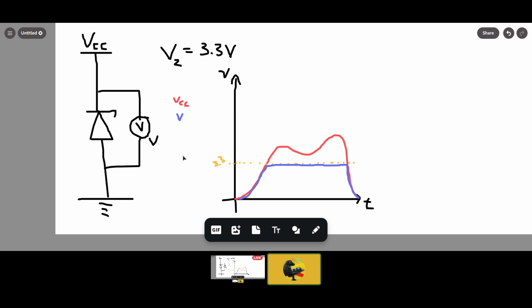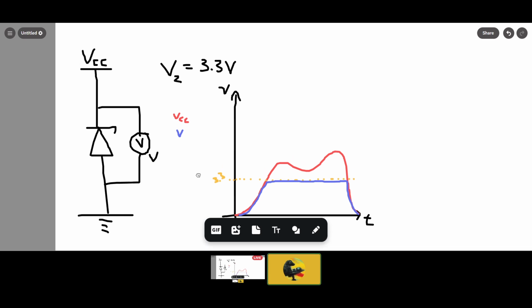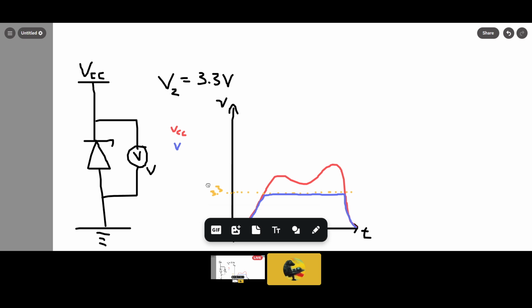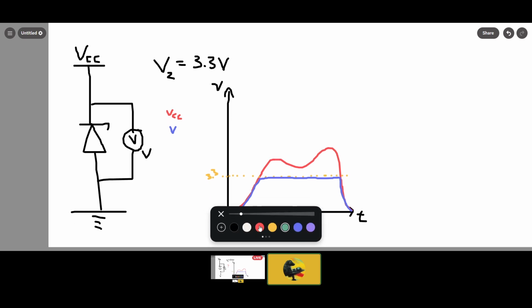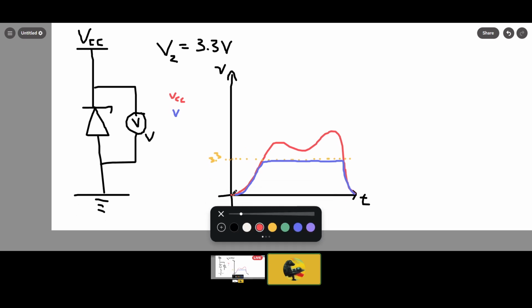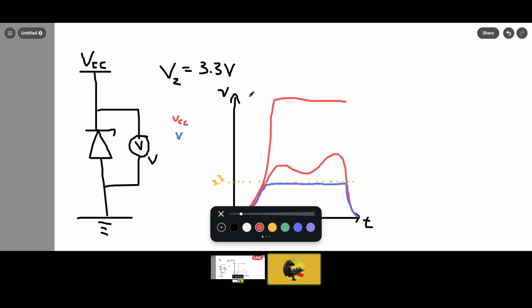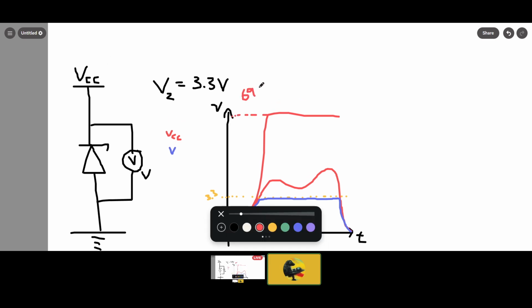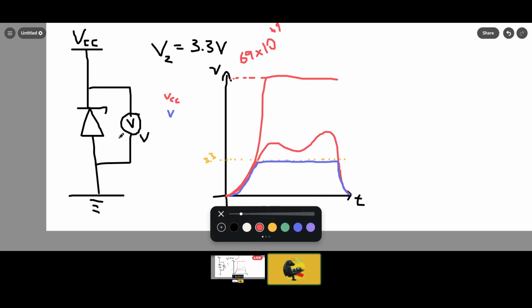So you may be asking, okay, Nikki, but what if VCC is 5 trillion volts? What if here the voltage is 5 trillion volts? So what then?